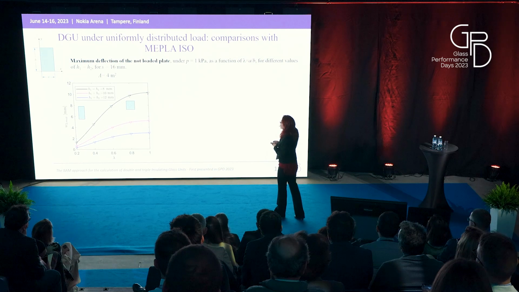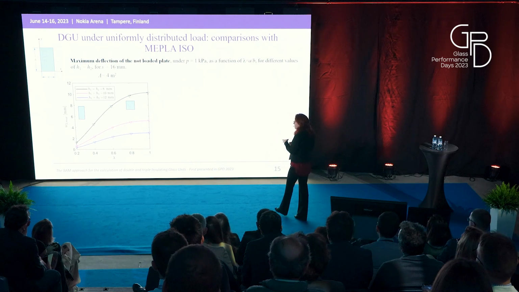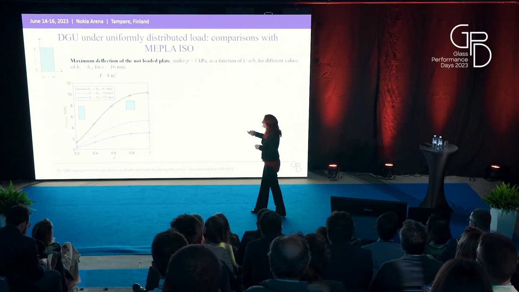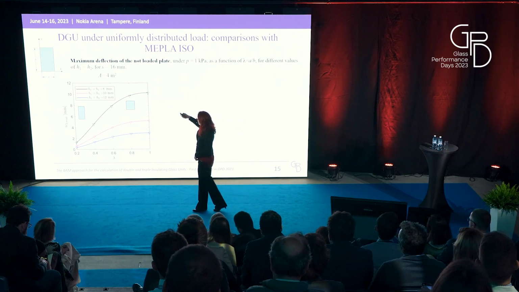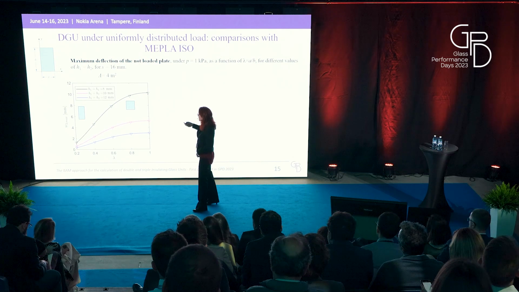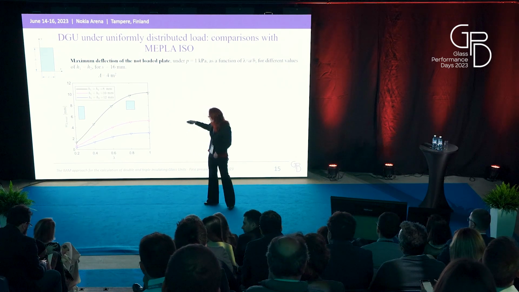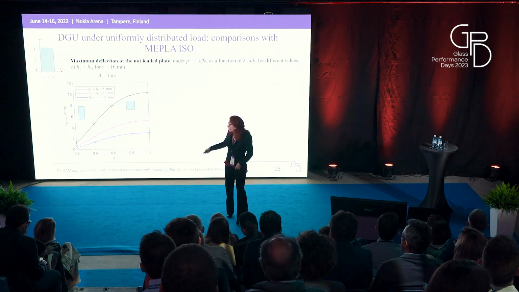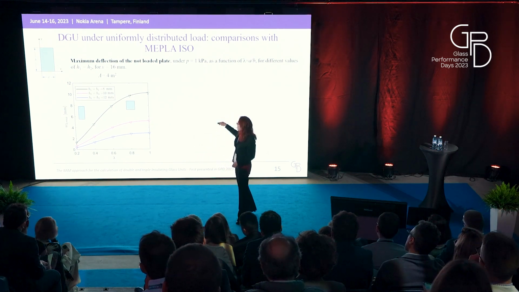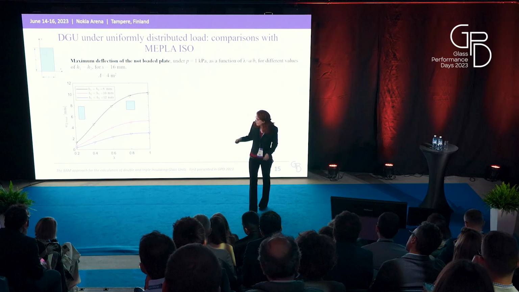This first graph shows, as a function of the aspect ratio of the plate, the maximum deflection of the not loaded plate for different values of the glass thickness. The continuous line represents the results of the analytical method, while the triangles are the numerical results.